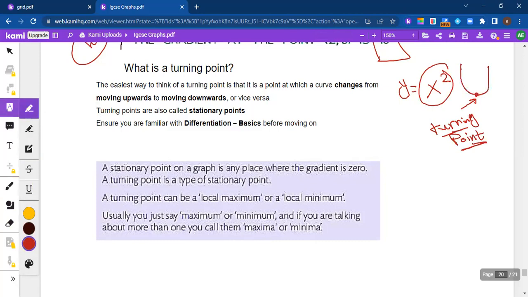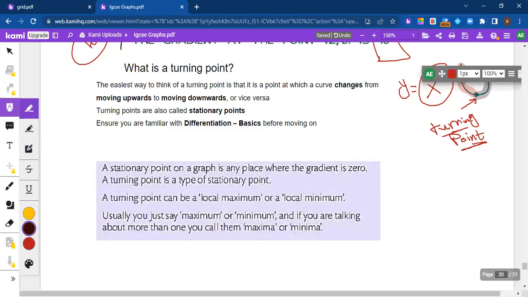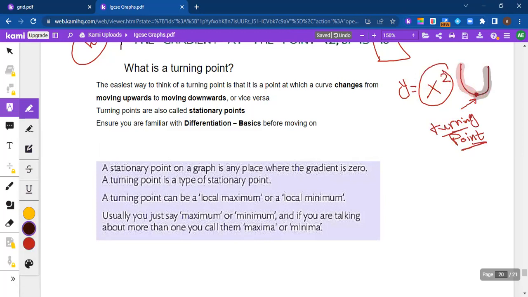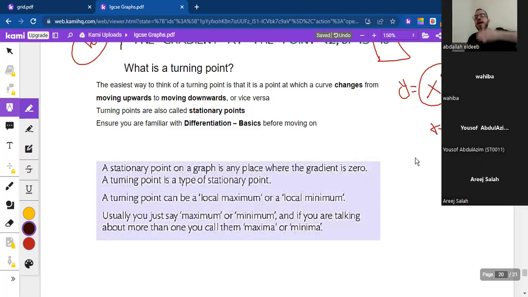It's moving downward. Then after this point, it starts to go up. So this is the turning point, the point where the behavior of the graph changes.